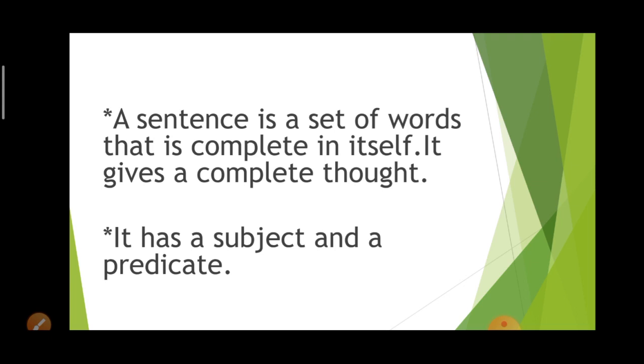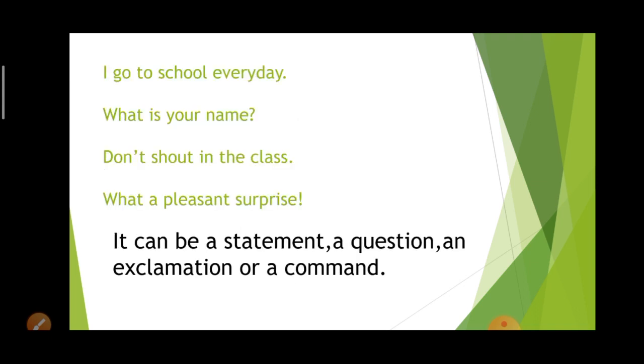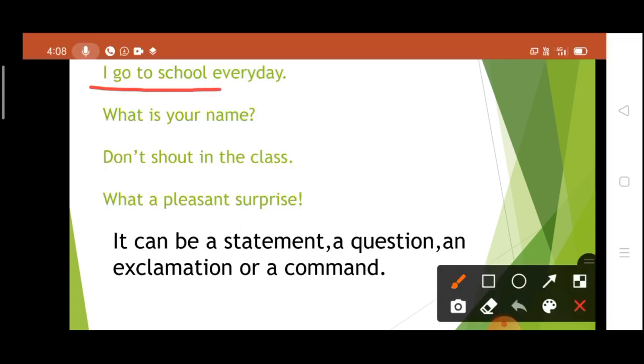And every sentence has a subject and a predicate also. I tell you, "I go to school every day." Can you understand it? Yes, everyone can, because it gives us a complete sense. If I ask you, "What is your name?" you can understand; I'm asking your name.